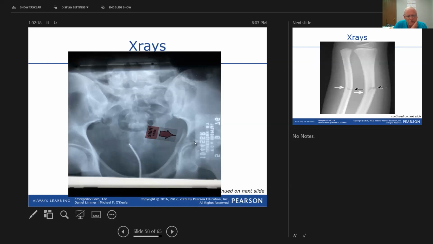Now, this type of a fracture, again, we joke around in medicine sometimes, but we call this a fractured ass because the socket where the head of the femur fits into the pelvis is called the acetabulum, A-C-E, tabulum. And so when they break that, we call it a fractured ass.